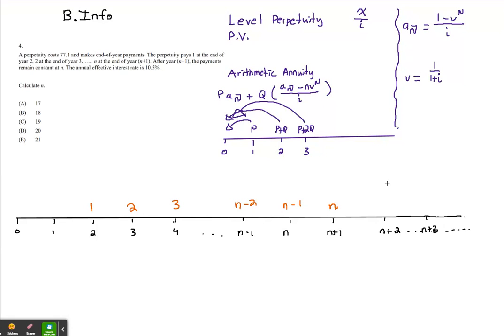Payments stay constant at n. This one's the one that goes on forever. So the arithmetic one stops, but the one that's just n goes on forever. And we calculate n with the given interest rate of 10.5%.